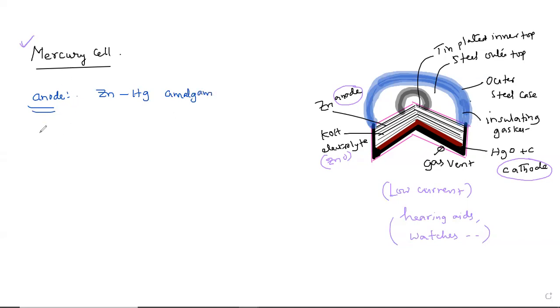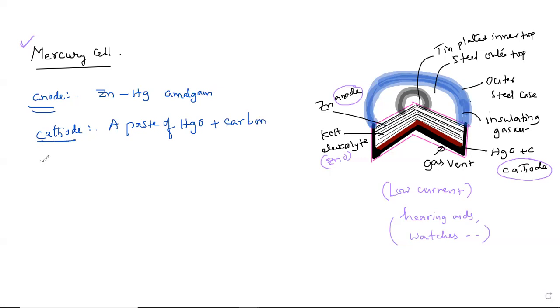What is the cathode, if asked in the exam? The cathode is a paste of mercuric oxide and carbon, meaning graphite.